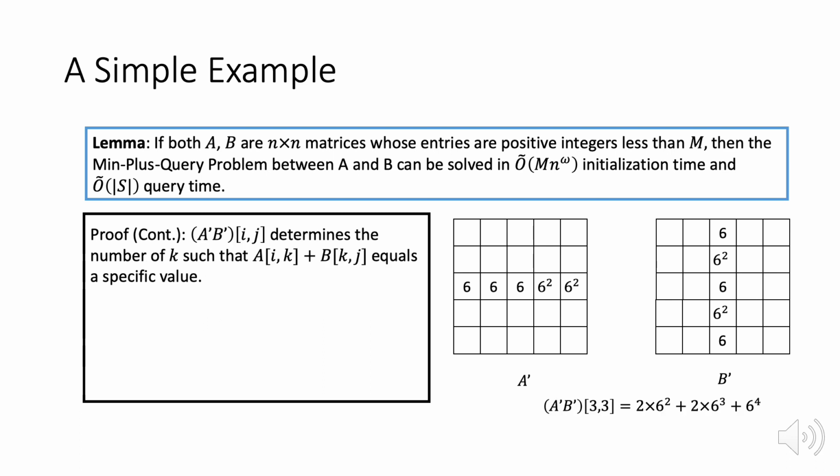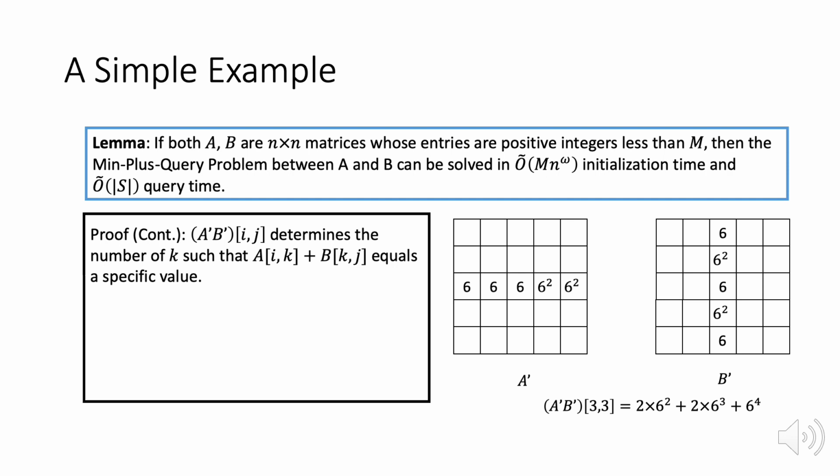The Alon et al. 97 paper noticed that the matrix product A'B' actually determines the min plus product of A and B. We noticed that A'B' actually determines more information. Specifically, A'B' ij determines the number of k such that aik plus bkj equals a specific value, for any specific value.